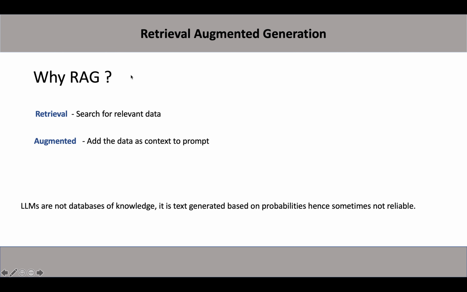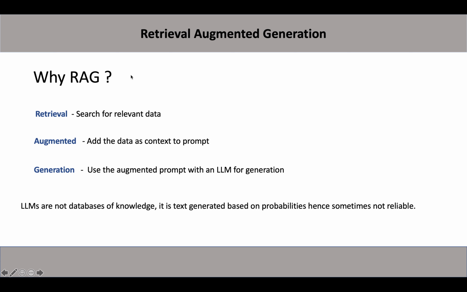The A stands for augmented, add the data as a context to the prompt. Third is the G, generation. Use the augmented prompt within an LLM for generating the new information. That is why we call it retrieval augmented generation.